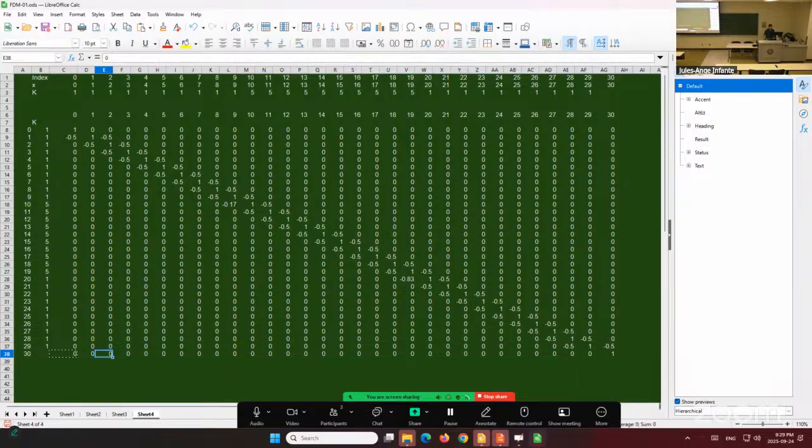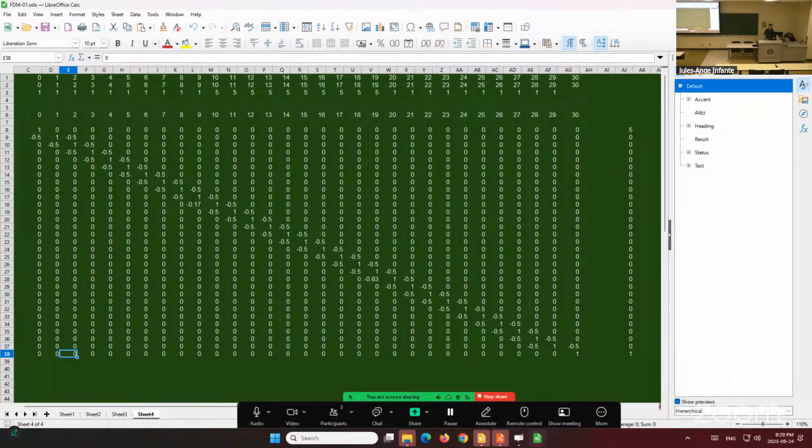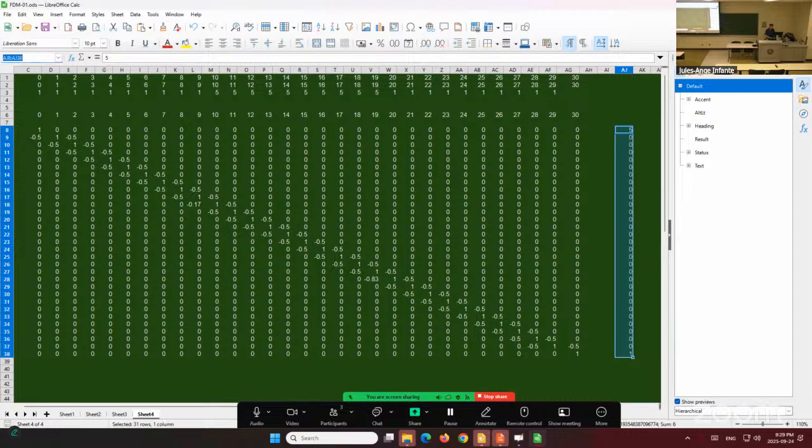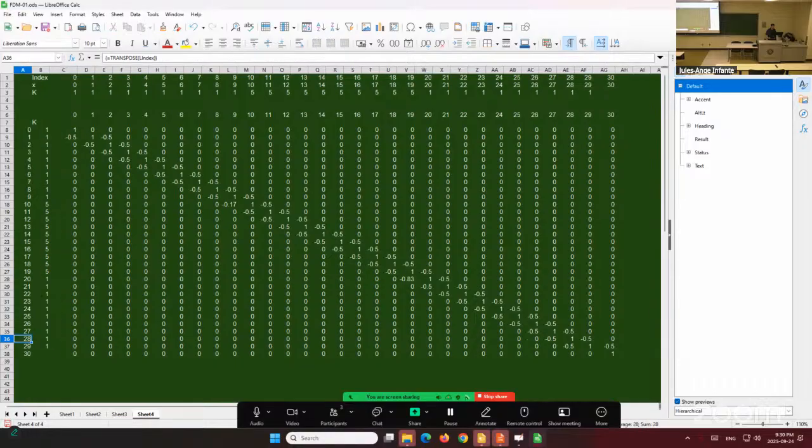That's better, right? It's called this long S, and this one will be the long matrix.